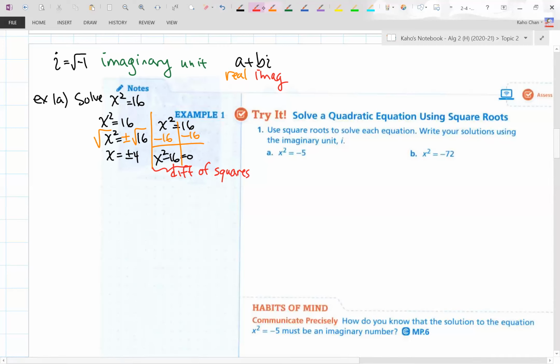And we can factor that using our skills from Algebra 1. Well, look, x squared is x times x, and 16 is 4 and 4, and the minus is minus plus, and you solve them separately. And you get the same answer as we did a few seconds ago.